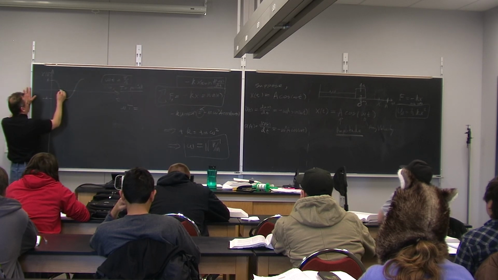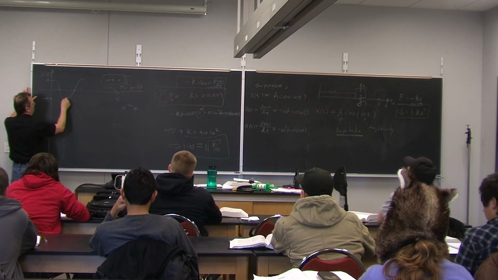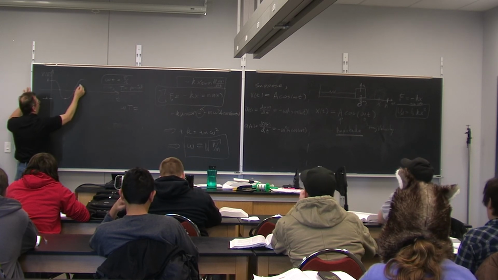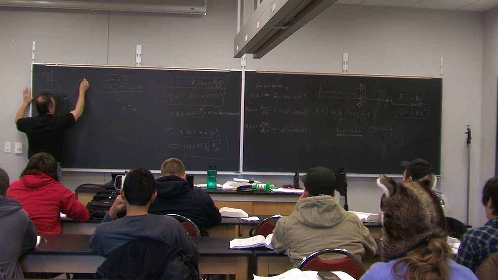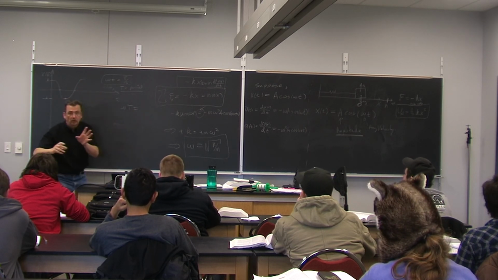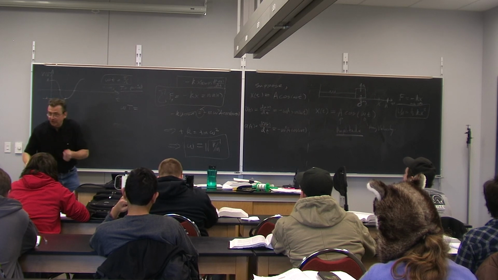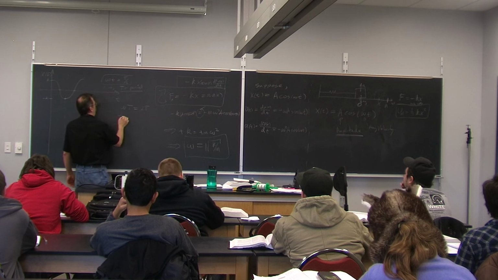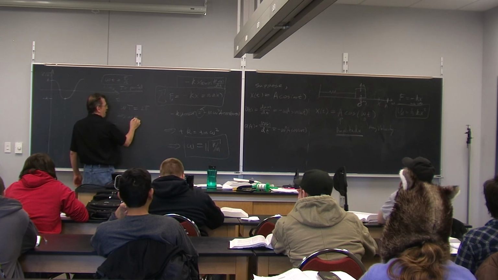So this corresponds to pi over 2, this corresponds to pi, this corresponds to 3 pi over 2, and this corresponds to 2 pi. So when you go through one period, omega times T should be equal to 2 pi. What is omega equal to?